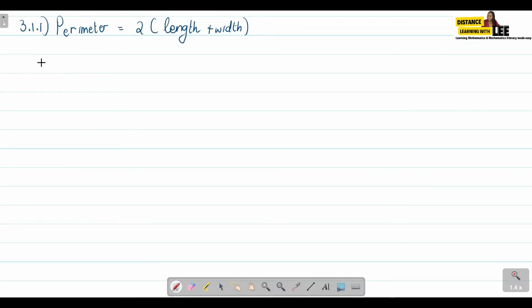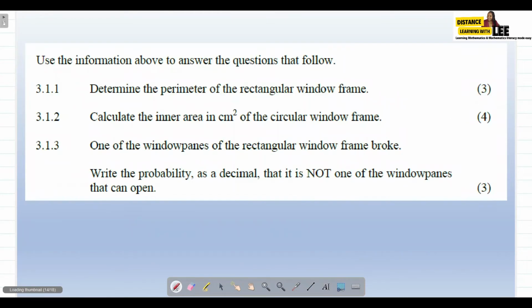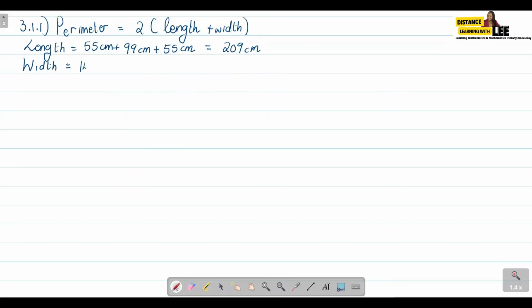So I'm just going to do a side note here. We are given that the width is that distance there, and that is actually 149 centimeters. So our width is 149 centimeters. Okay, so therefore we are ready to plug everything into our formula. So perimeter is equal to 2, right?